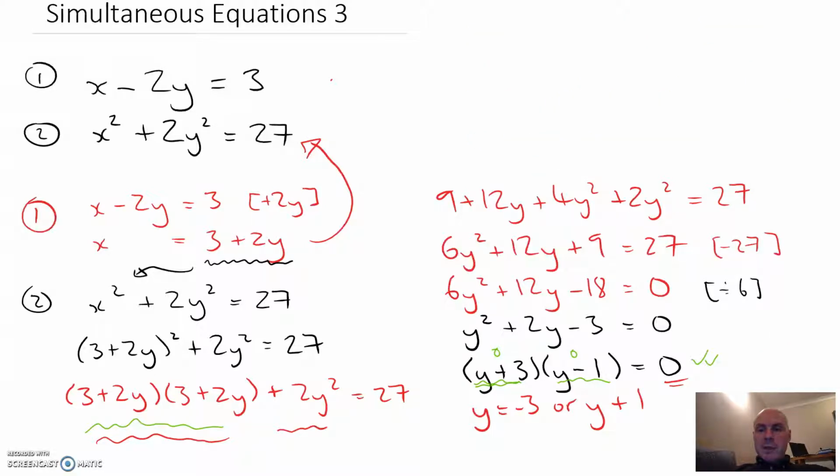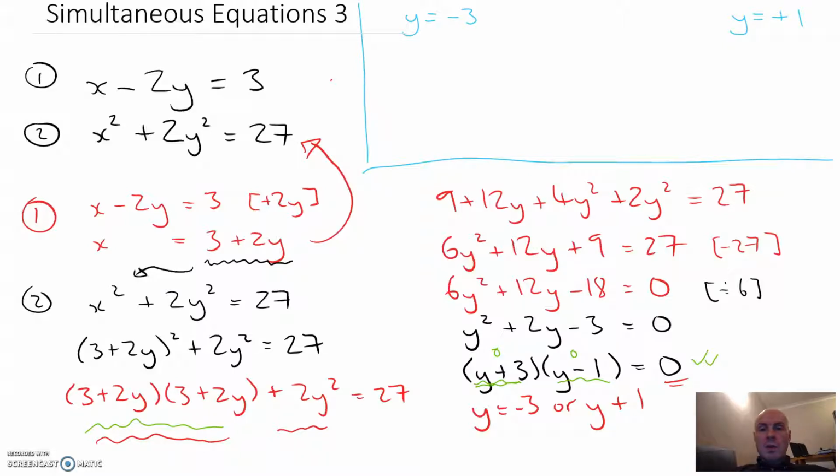I've just cleared some space at the top so that we can now find what x is. We've got to deal with two cases this time. We've got y could be minus 3, or y could be plus 1. Both of those satisfy these simultaneous equations. So now we'll go back to our starting equations, and just like in our previous method, the second step's the same.